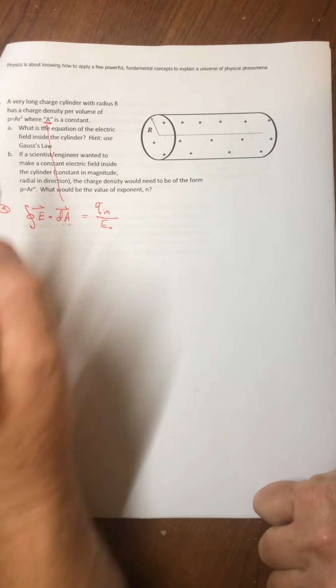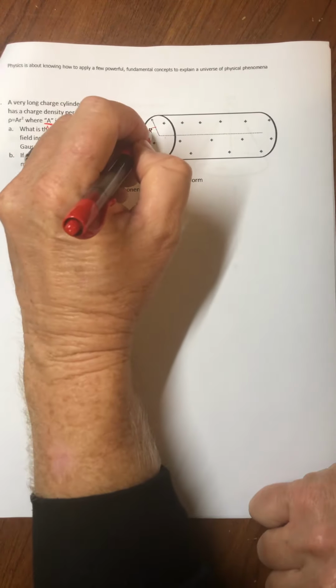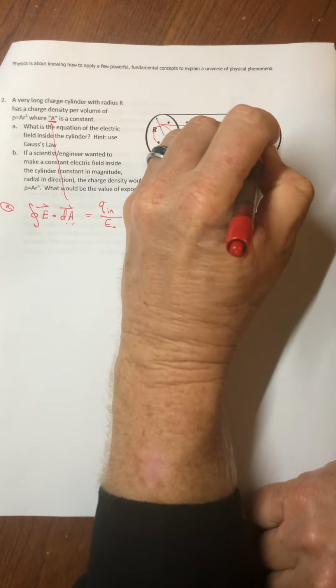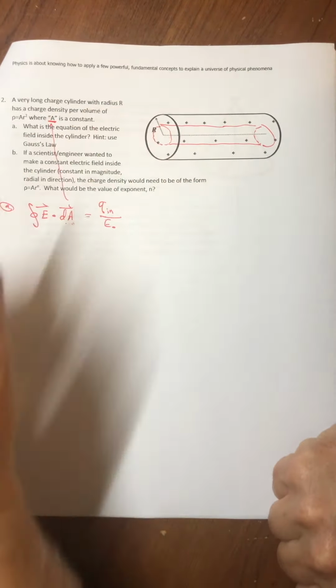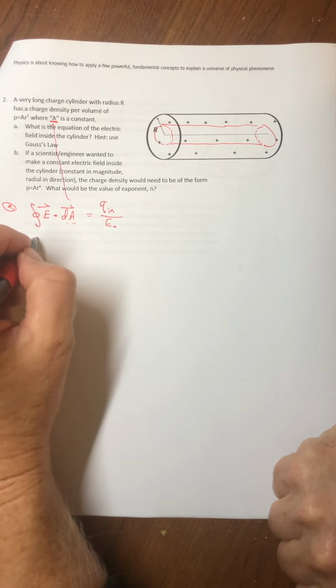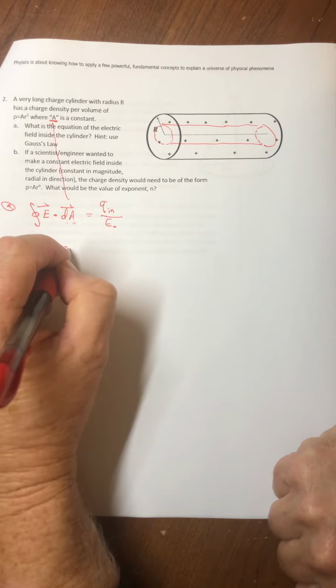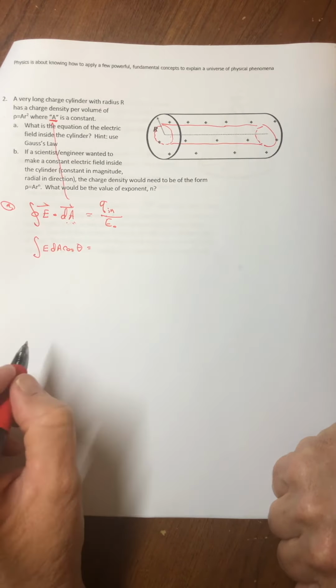So following the hint and starting with Gauss's law, I'll draw a Gaussian surface, and hopefully this looks a lot like what you saw me do in class, as well as in the book, drawing a Gaussian surface and making the following arguments: that if you take the dot product, you get E dA, and you get cosine of some angle.